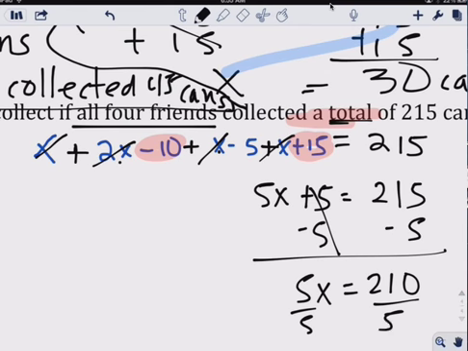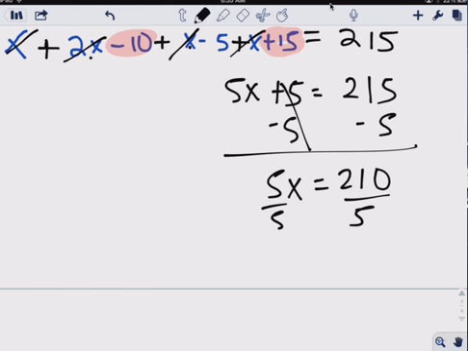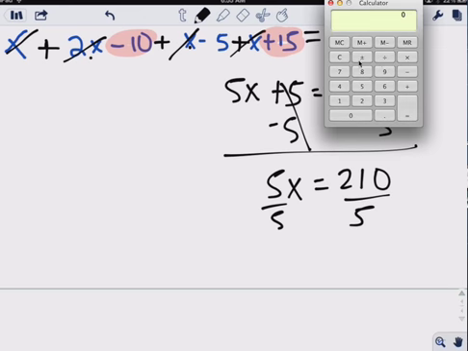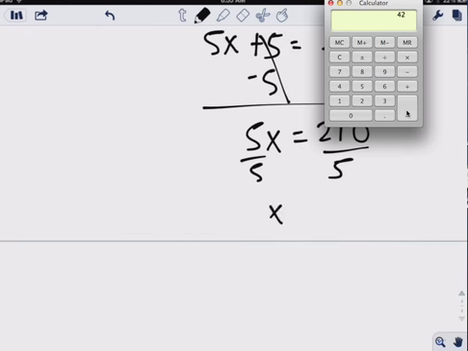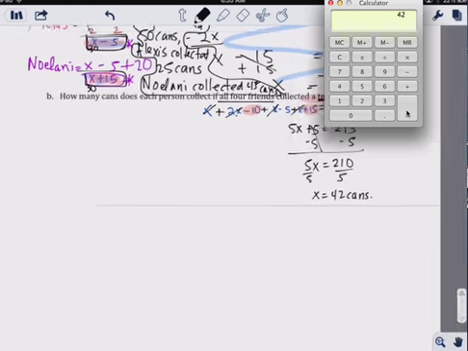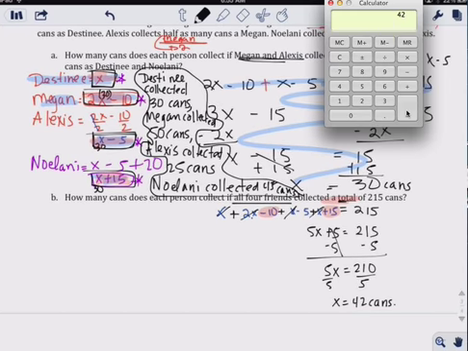210 divided by 5 is 41, but just to make sure, we use a calculator. 210 divided by 5. 42. Did I say 41? 42 cans. For who? x belongs to Destiny.